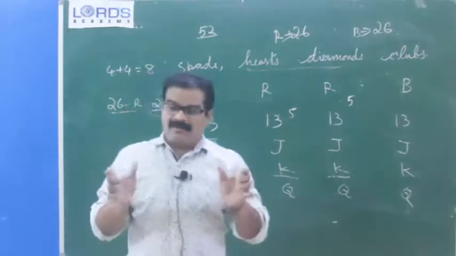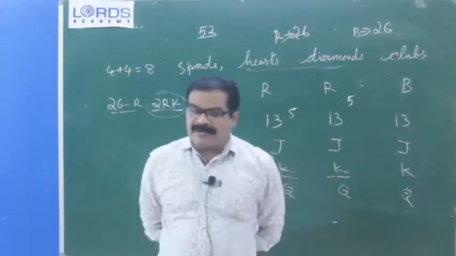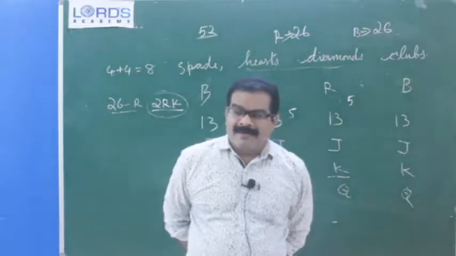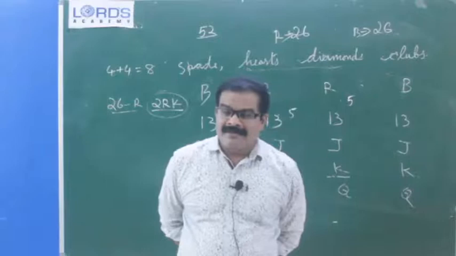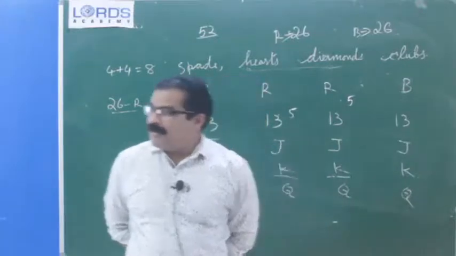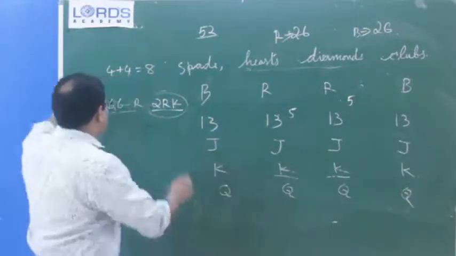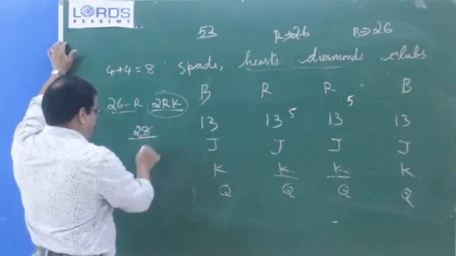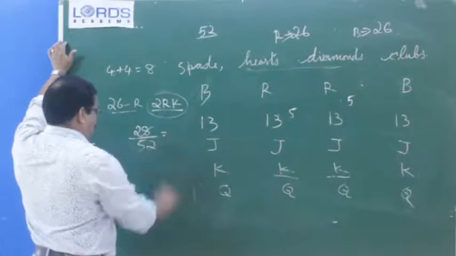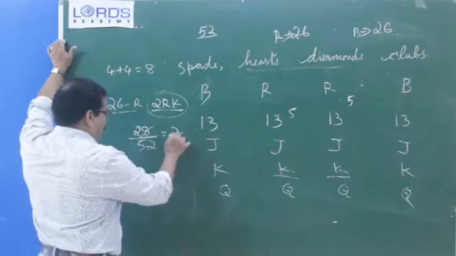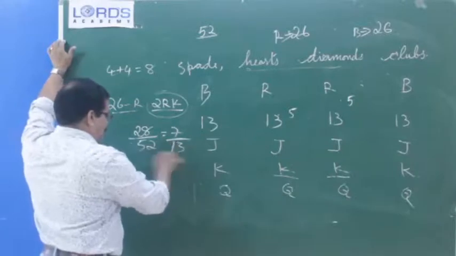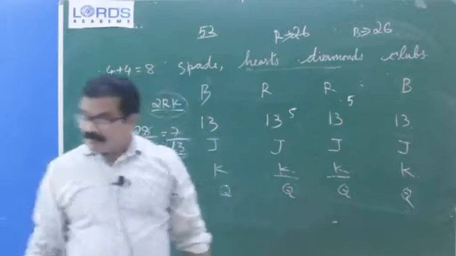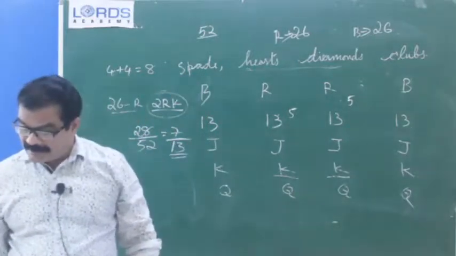Both of them together you take it. Yes, come on. Yes, you can take 26 plus 2, that is 28 by 52, that is equal to 7 by 13. Okay.